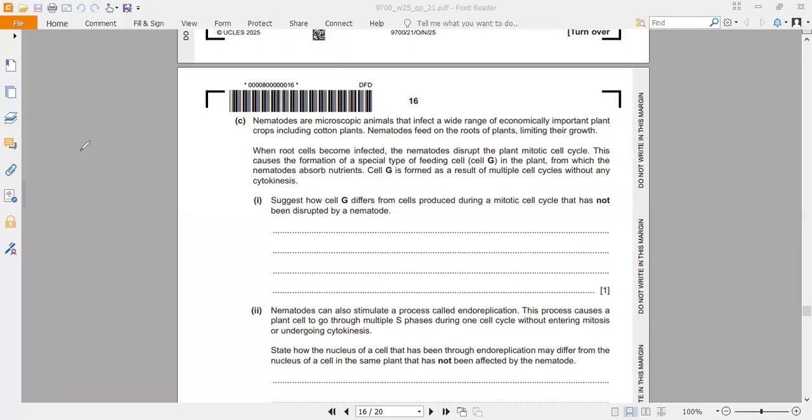So due to which cell G is likely much larger compared to a normal cell. It has accumulated the mass and organelles of what should have been several individual cells. So the total amount of DNA within the single plasma membrane of cell G is significantly higher than a standard diploid somatic cell because cytokinesis has not taken place.